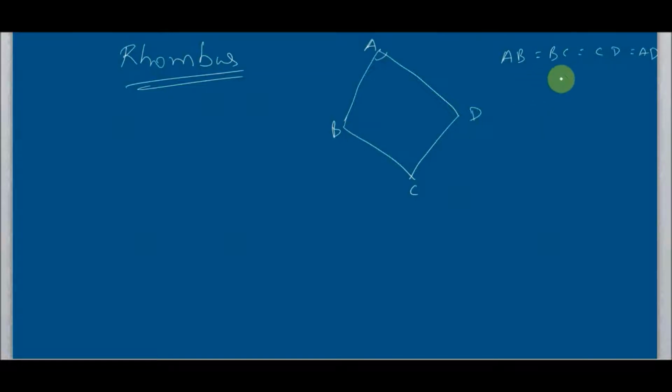The angles are not equal to 90 degrees, and the diagonals intersect with each other at a right angle. That means angle AOB is equal to 90 degrees.